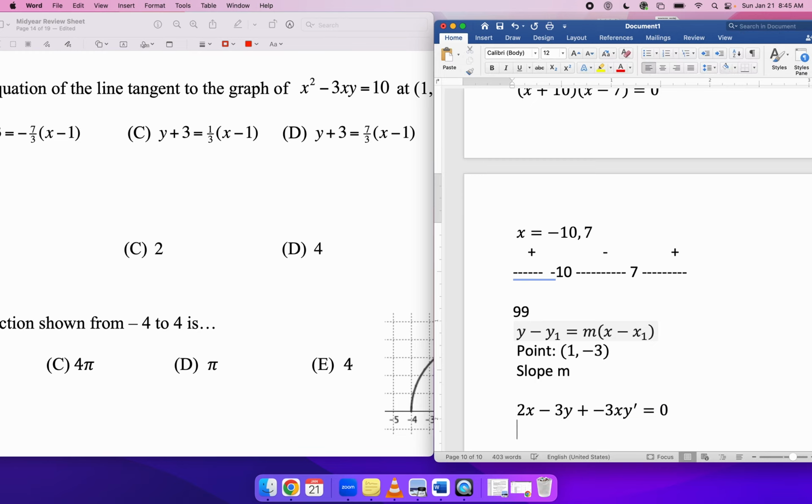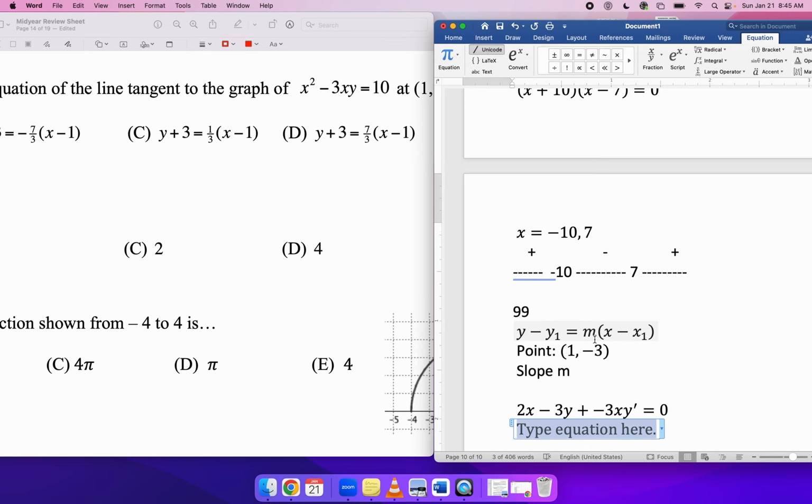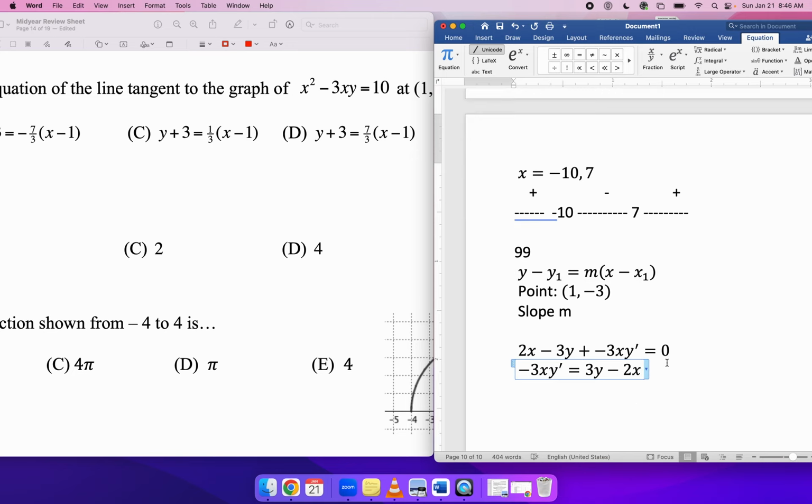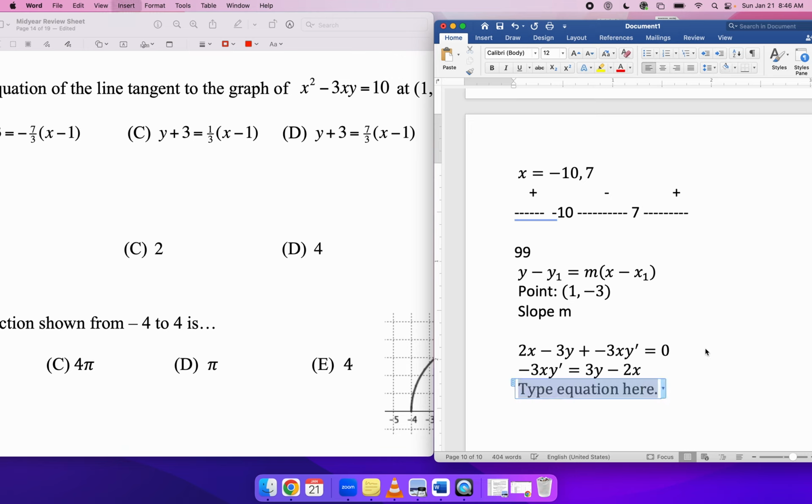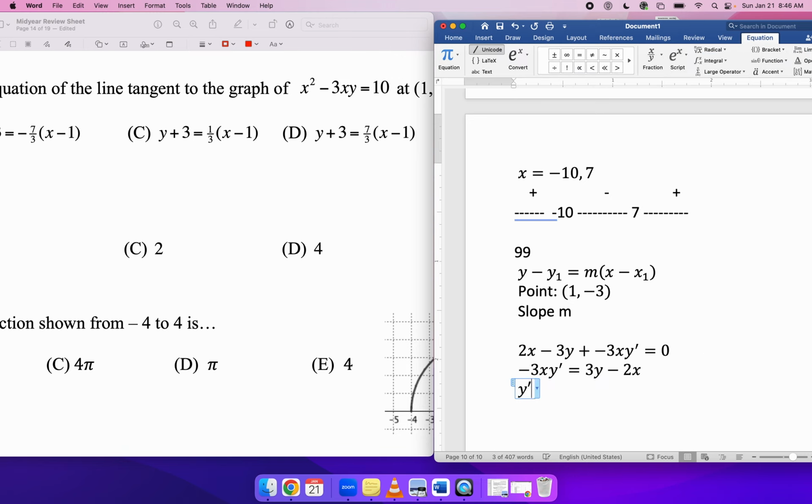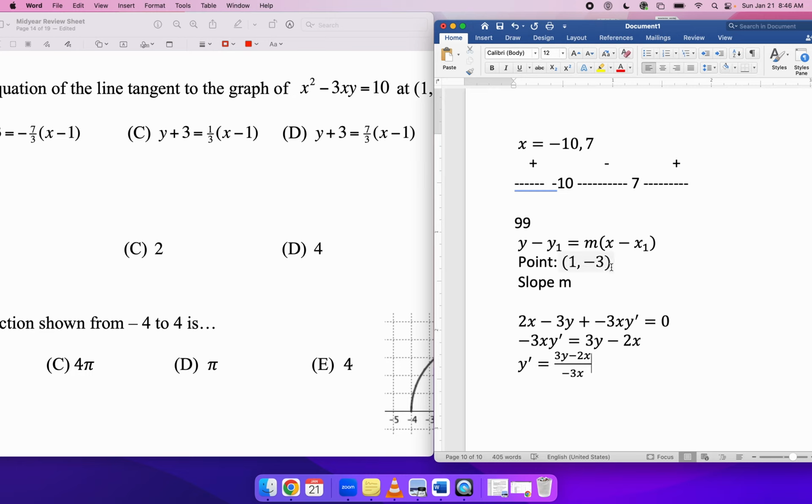Now you got to solve for y prime. So move all the terms not involving y prime to the other side. That would be 3y minus 2x, and then divide both sides by the negative 3x. And so I want to know what's the slope here.